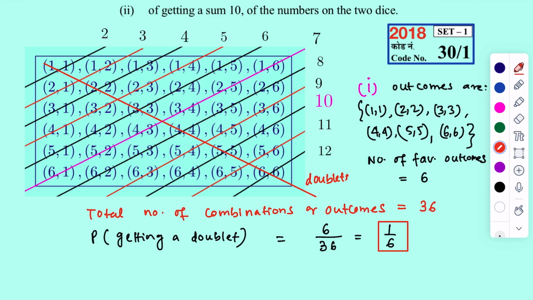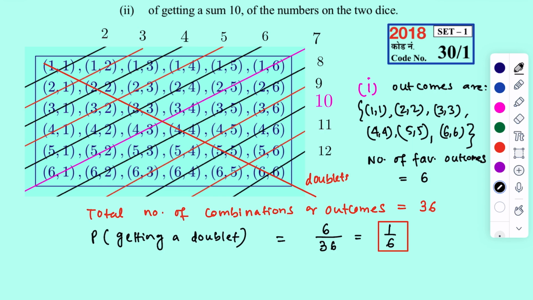Similarly, for the probability of getting a sum of 10, if you see these lines, for this line we have already drawn, the combination is 1 1 and the sum is 2. 1 plus 1 is 2. Similarly, for these lines the combination is 2 1 and 1 2, sum is 3. For this combination the sum is 4, this combination the sum is 5.